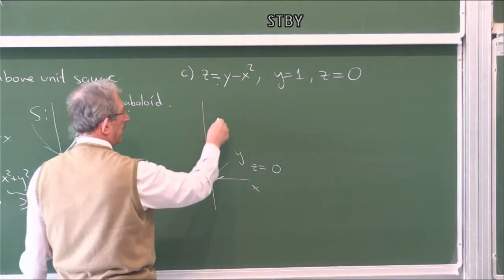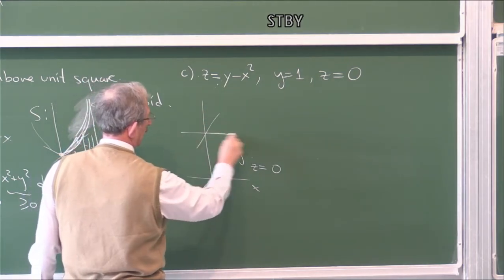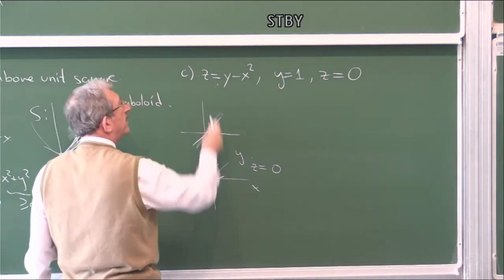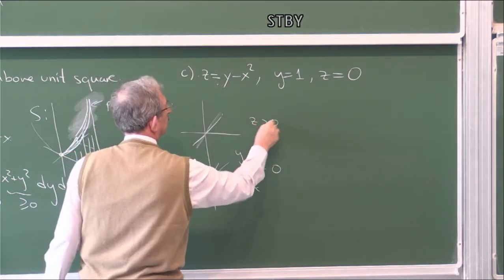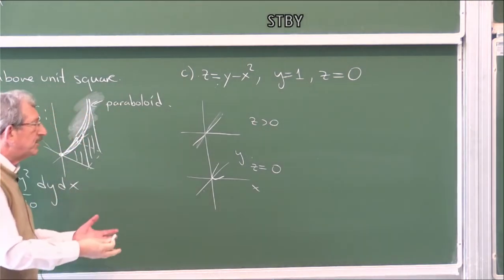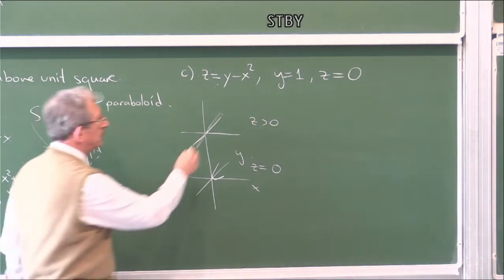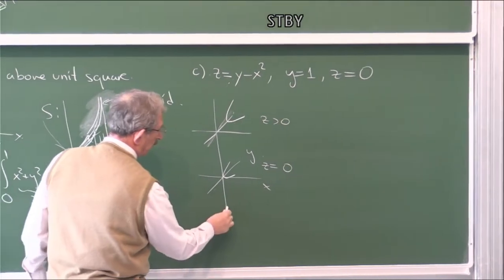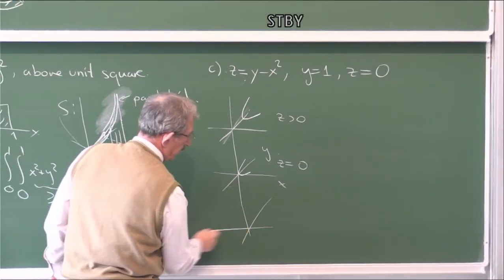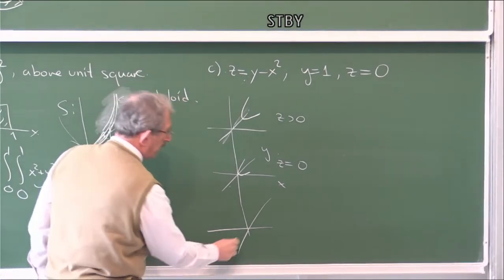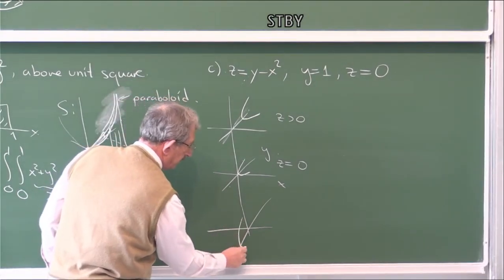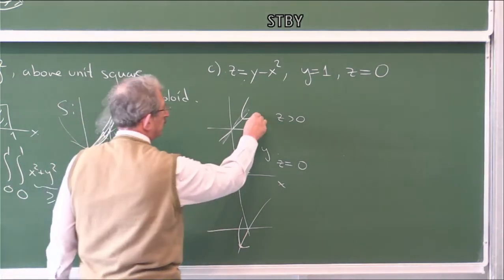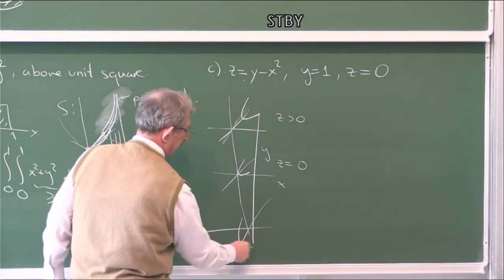But if we go up a little bit, then z is positive. So this is the parabola shifted upwards. So it is somewhere here. And if we go below, it will be a parabola shifted downwards in the y-axis. So this would be something like this.